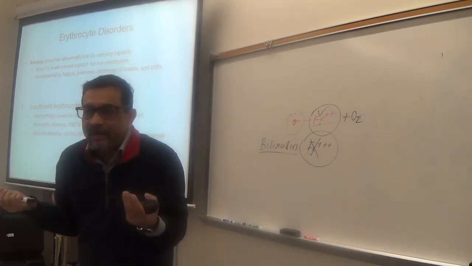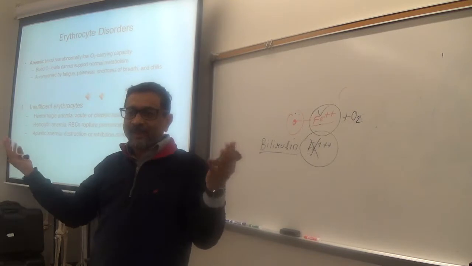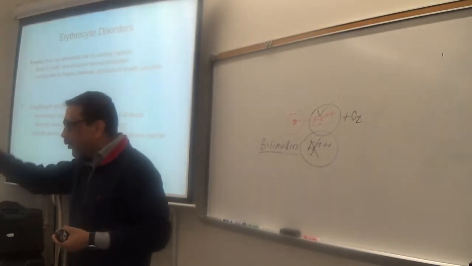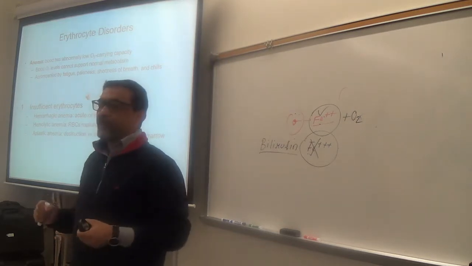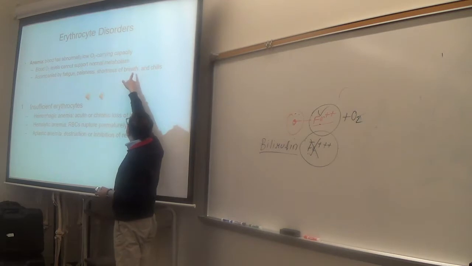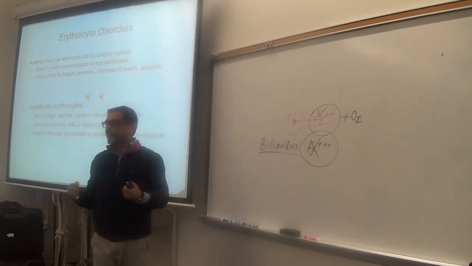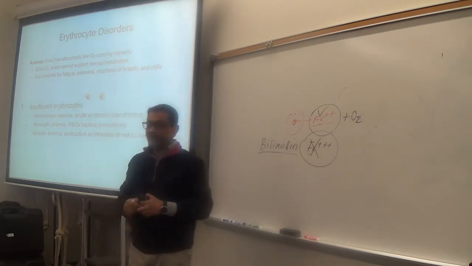The person will easily get tired because metabolism produces ATP. We know that, right? So ATP production will be low, right? So you'll get tired easily. Shortness of breath will occur because oxygen carrying capacity is low, and the person's body will be cold. And another is paleness.